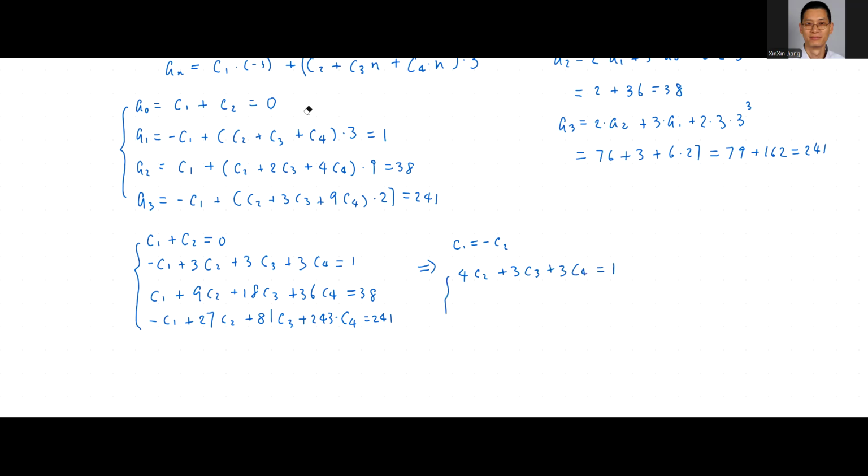It's a little bit tedious, but it's not that difficult. So I have 4C2 plus 3C3 plus 3C4 equals 1. Then 8C2 plus 18C3 plus 36C4 equals 38. And then 28C2 plus 81C3 plus 243C4 equals 241. All right.